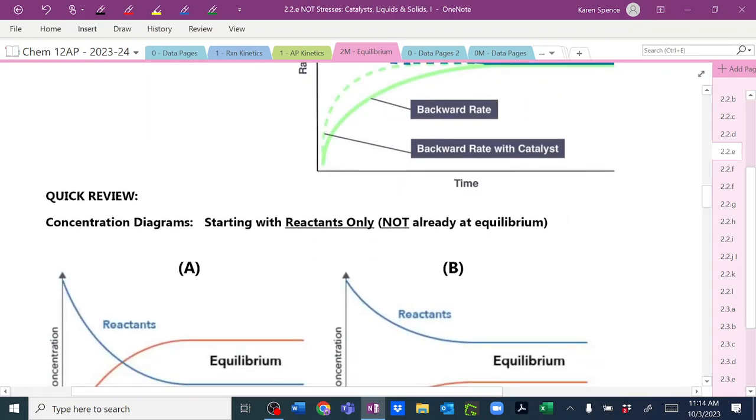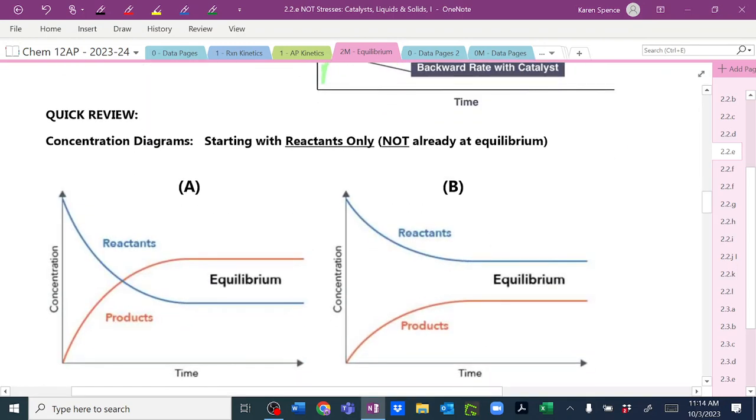There's our concentration diagrams. Now, can concentration lines cross each other? Yes. Can they not cross each other? Yes. It just depends on the position of the equilibrium.